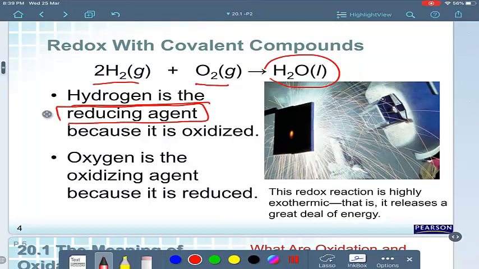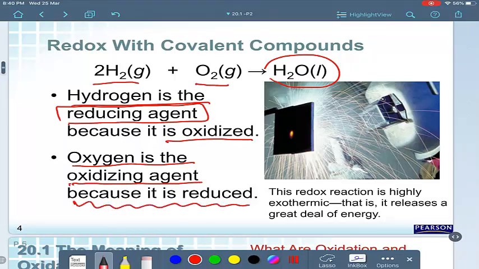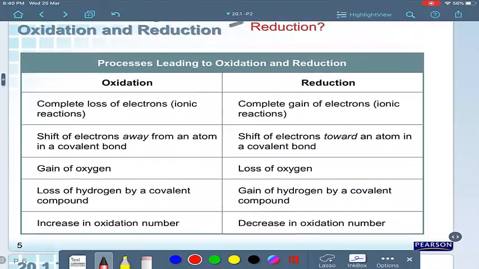If I ask you why it's the reducing agent, you can say because it's oxidized. The opposite for oxygen. Oxygen is reduced. For this reason, it's the oxidizing agent. If I ask you why oxygen is the oxidizing agent, you can answer because it's reduced. So this reaction is a redox reaction.